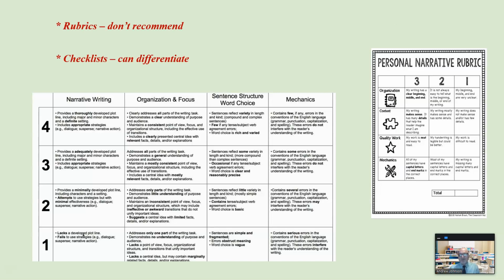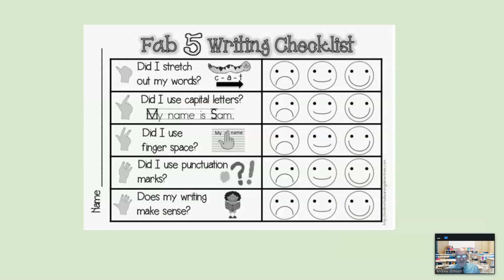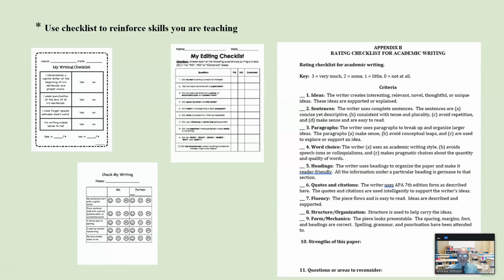Now, rubrics I do not recommend. They just get all complicated. They take a lot of work. With a checklist, you can differentiate for high and low ability writers, but this rubric thing just takes so much time and energy, and it's just not very good. So I do not use rubrics. I like to use a rating checklist of some kind like this.